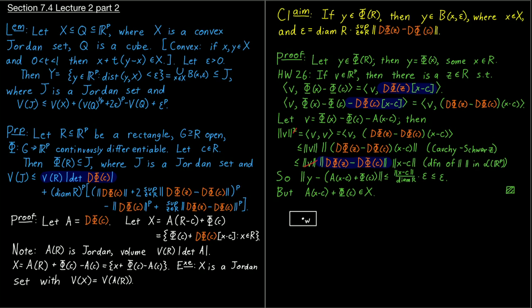And then let's notice that if X is in R, then the distance from X to W is less than or equal to half the diameter of R.